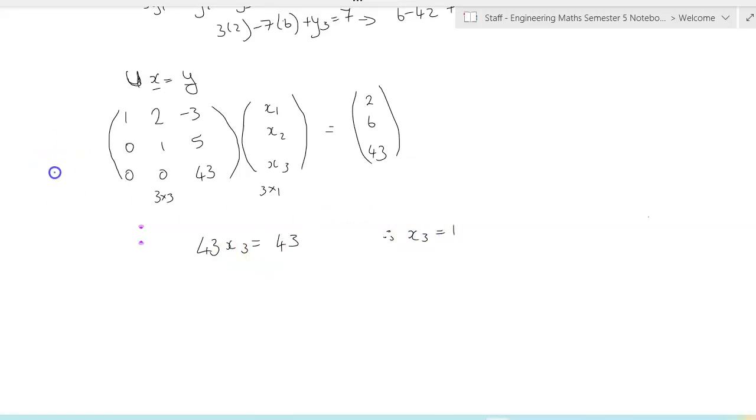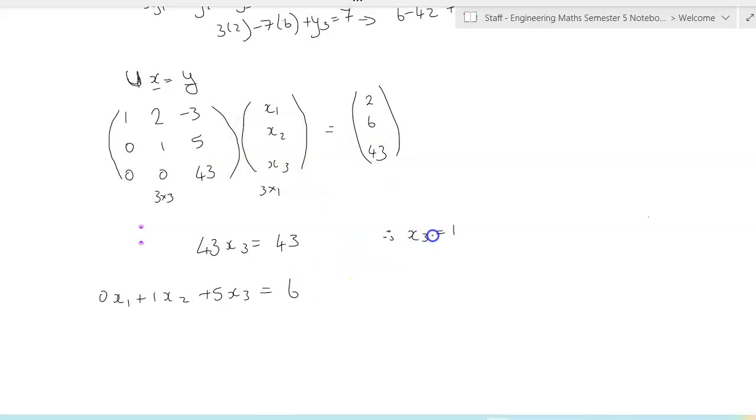Now we work backwards. We do the second row by this. We'll have 0 times x1 plus 1 times x2 plus 5 times x3 equals 6, because the second row times the column will be 6.